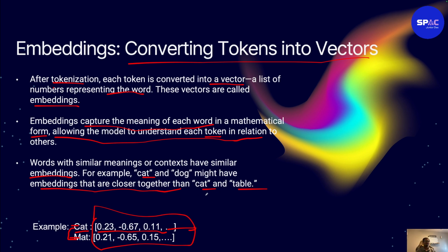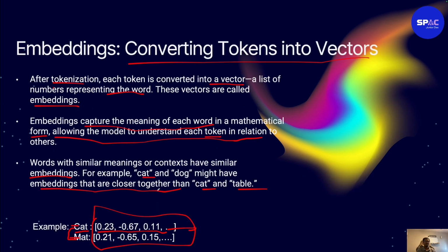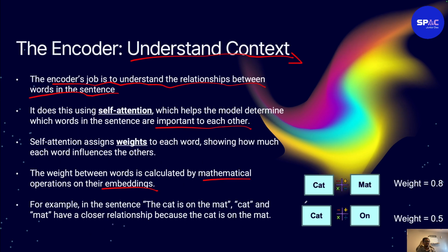Words that are not related will have a lower weight. That's how it's able to predict what word is next when writing, right? The weight between words is calculated by a mathematical operation on their embeddings. So you do some mathematical operation on the embeddings and see if these words are related to each other. And you can see here, so math, then cat, math.